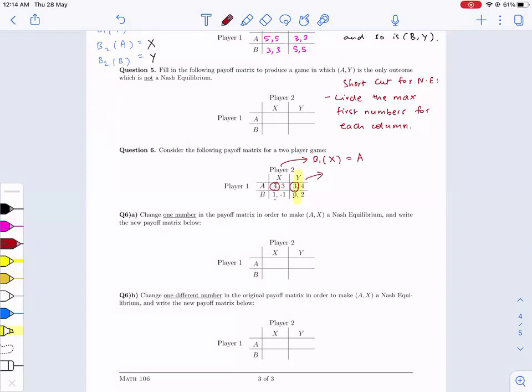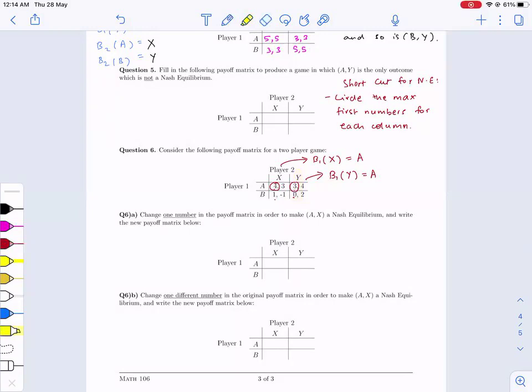Now what this tells you is that the best response for player 1, if player 2 plays strategy Y, is A. Again, this is because we're looking at the highlighted column Y, which corresponds to player 2 playing strategy Y, and then circling the maximum first number means looking at the highest payoff for player 1 in this situation. And then that would just mean that A is the best response to Y. Okay.